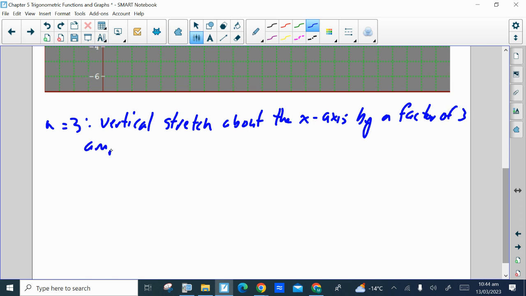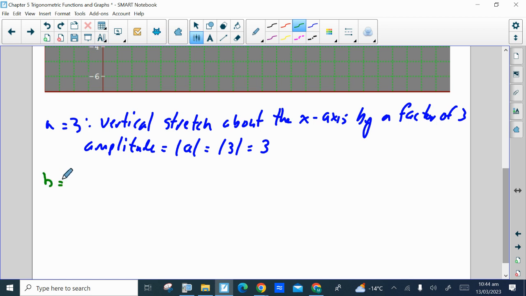Basically, again, the amplitude, which is the absolute value of a, or in this case, the absolute value of 3, is 3. So that's what our a parameter does.